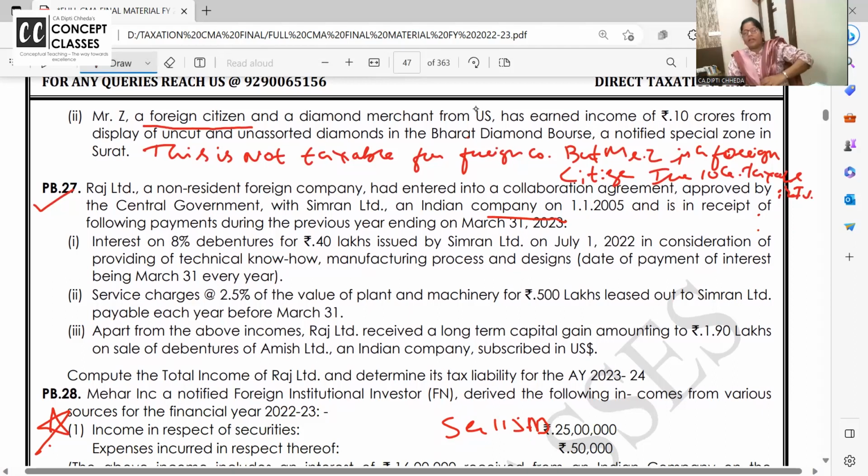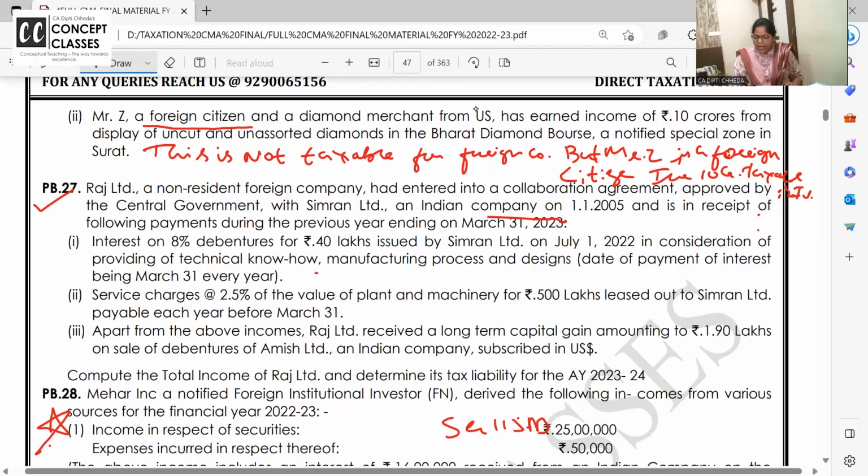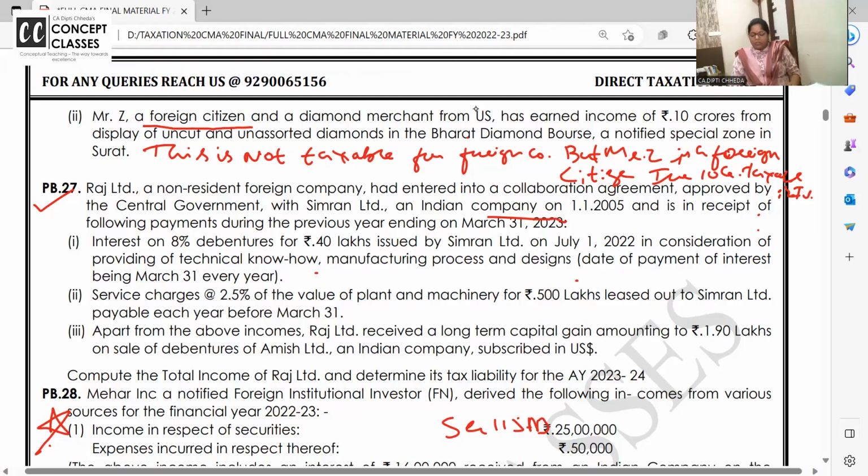So who is Raj Limited? A foreign company. Where is the income coming from? Simran Limited, which is government approved, from India. First income is interest on 8% debentures of 40 lakhs issued by Simran in July, in consideration of providing technical know-how and designs. So the NRI has given technical know-how and designs in India, and for its fees we have given them 40 lakh debentures.